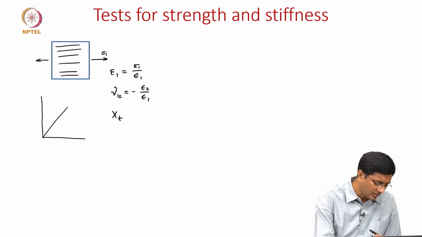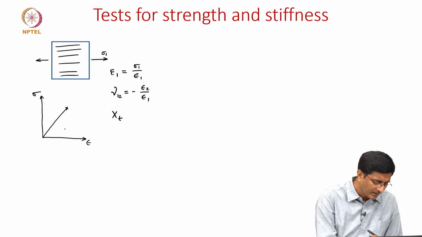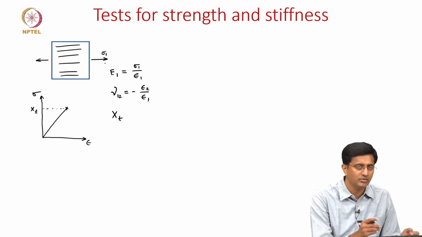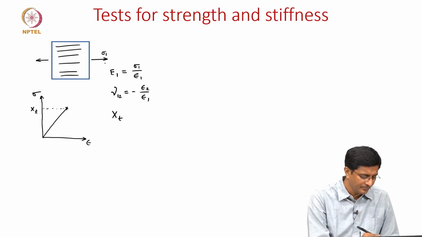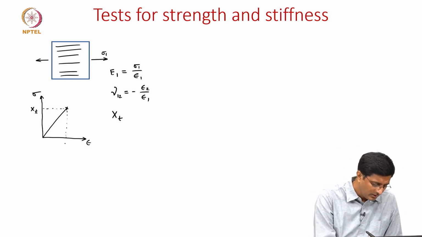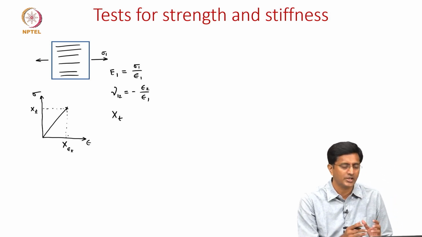It shows linear response until failure. Let's say these are the stress and the strain. The corresponding stress at which it fails, we will now call XT, because here we are applying a tension load. And the corresponding strain, as we have shown in the previous slide, is x epsilon t. This is the corresponding strain to failure.